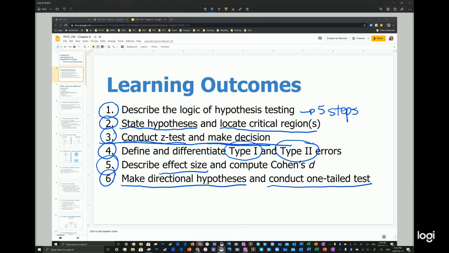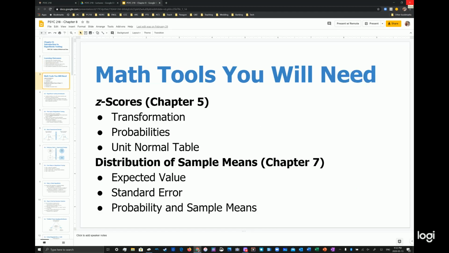So make sure you have built a strong foundation in terms of your descriptive statistics, so your central tendency, your variability, your z-score, your probability, and that sampling distribution. Those are all the skills you're going to need. So that's what the next slide is about. The tools you're going to need at its core.